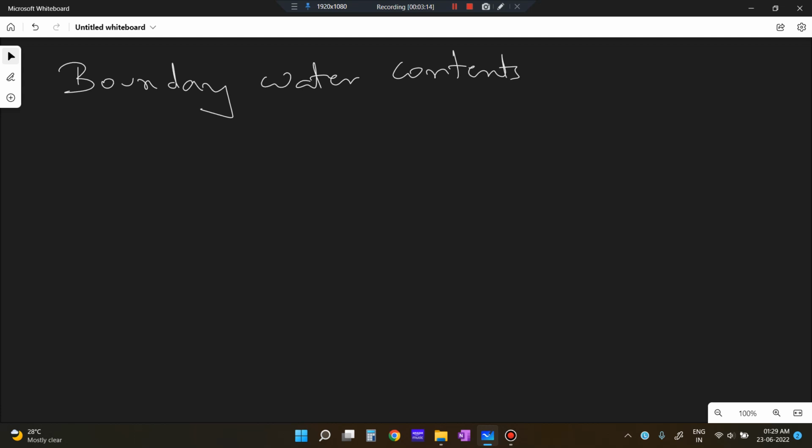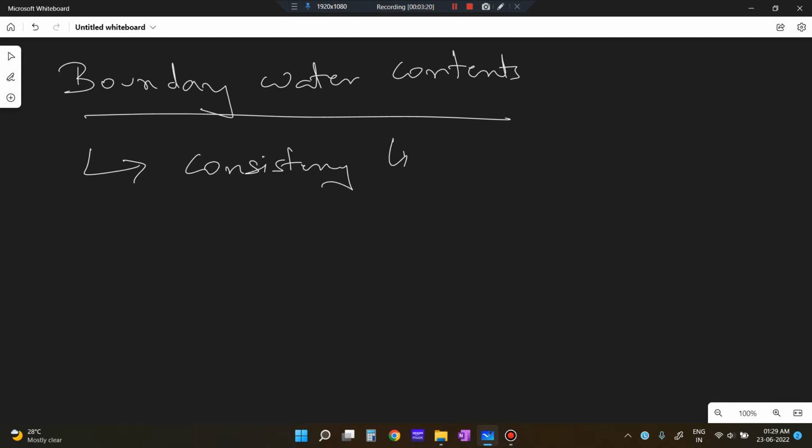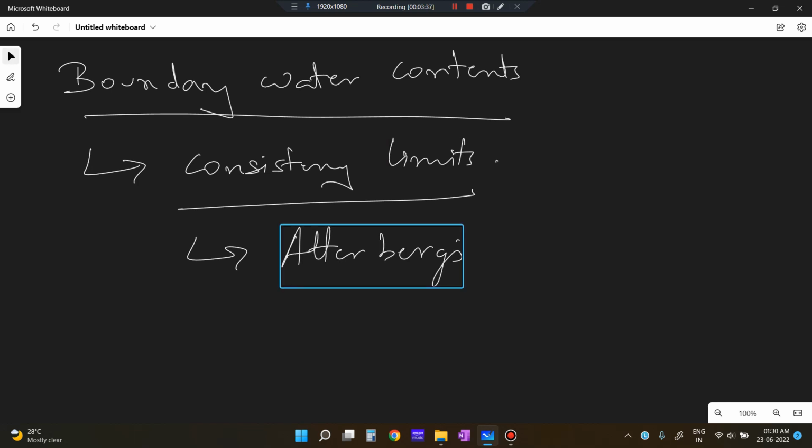Those are known as consistency limits. And the consistency limits were first demonstrated by a scientist known as Atterberg. So these consistency limits are also known as Atterberg's limits.